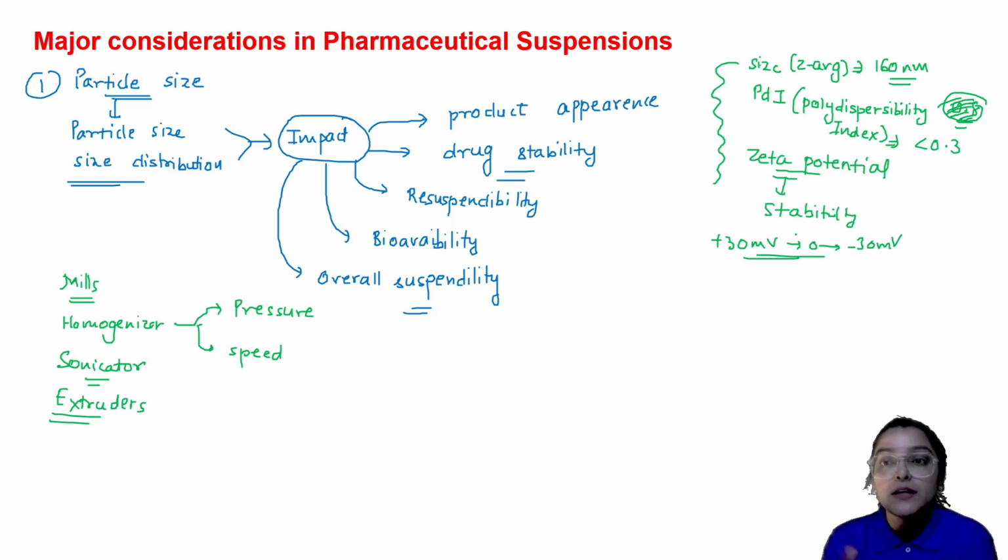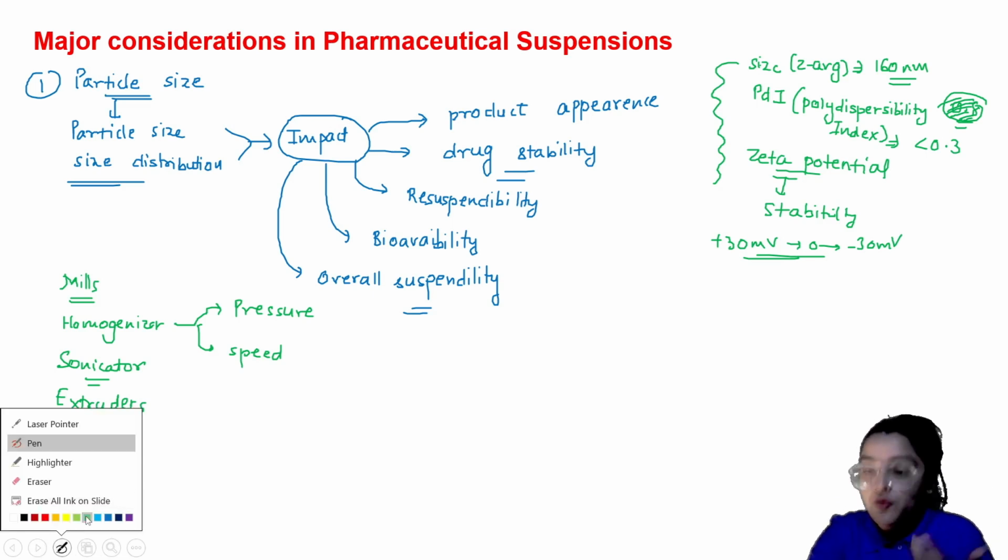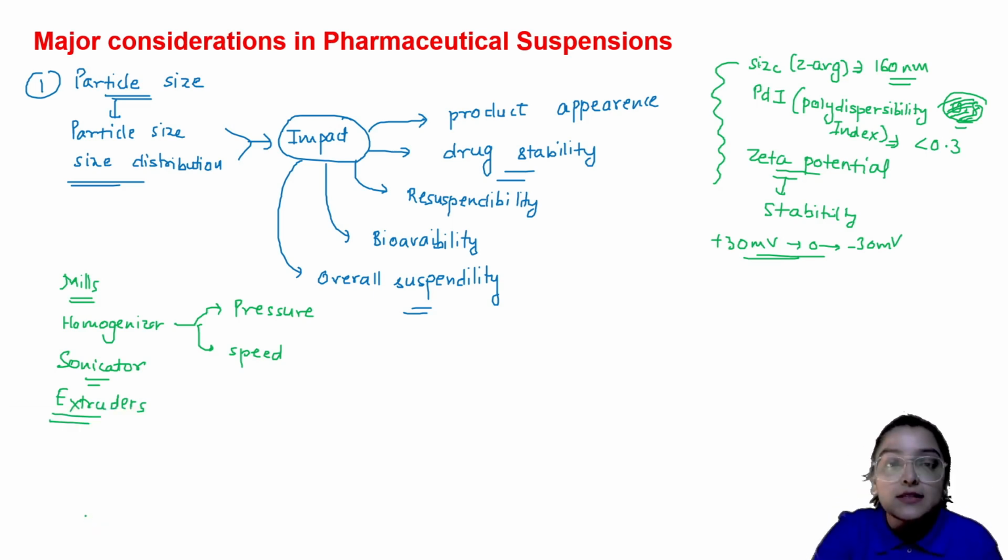Even I am working on it, so I can show you how to see if the suspension is not very stable, if the PDI is not good, how you can check the reports, how you can see the distribution from reports, how you can generate the idea of a good formulation or not. So sorry, coming back to our topic, if you want, you can comment down, we can discuss it.